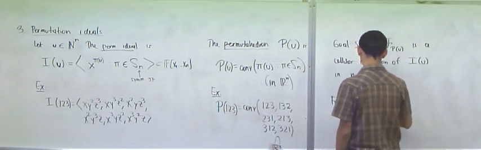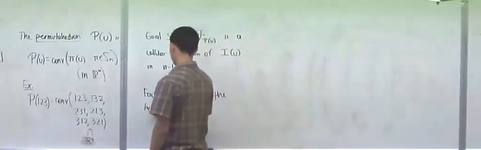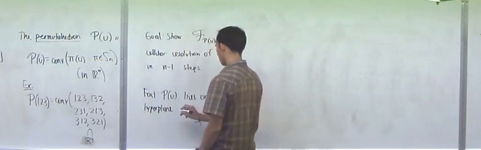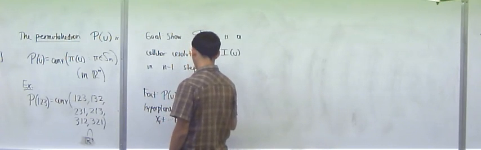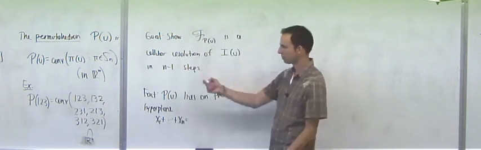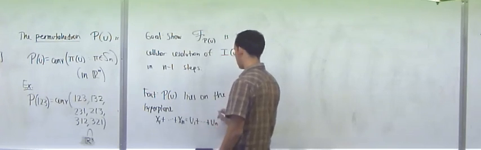This permutahedron lives on the hyperplane given by coordinates x1 plus, etc., plus xn equals a constant. And what's that constant? It's u1 plus, etc., plus un.